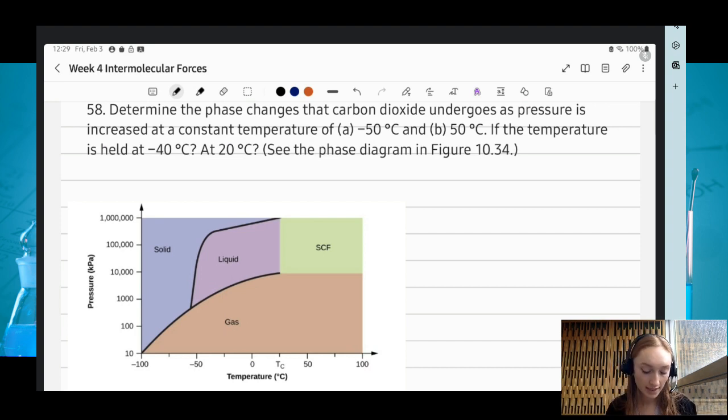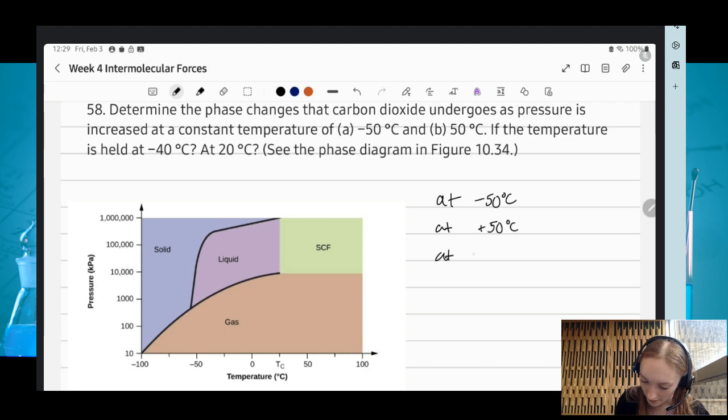And if the temperature is held at negative 40 degrees Celsius and also at 20 degrees Celsius. So I'm going to write, so at negative 50 degrees Celsius, at positive 50 degrees Celsius, at negative 40 degrees Celsius, and at negative 20 degrees Celsius. So these are all the temperatures that we're going to be looking for.